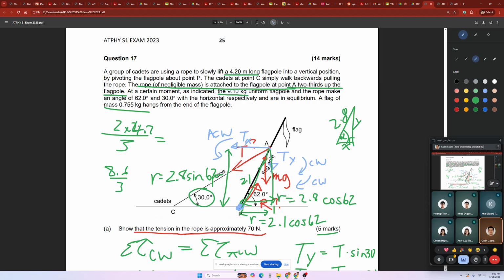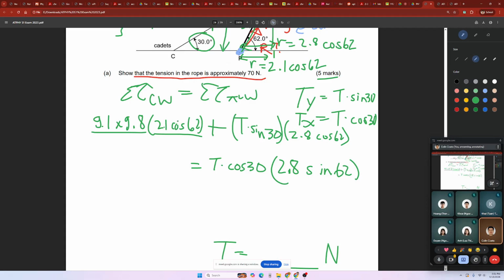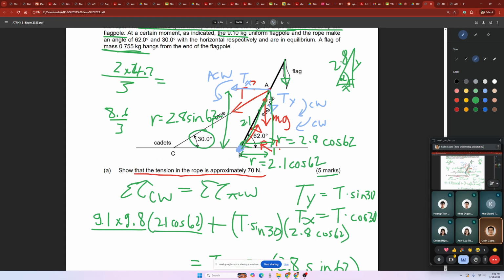Oh man, did I forget one? There's a flag there too, folks. Don't forget to add that one. There is a flag here.